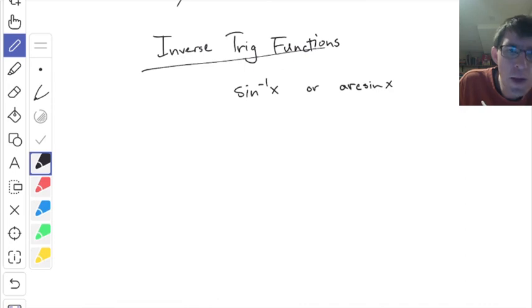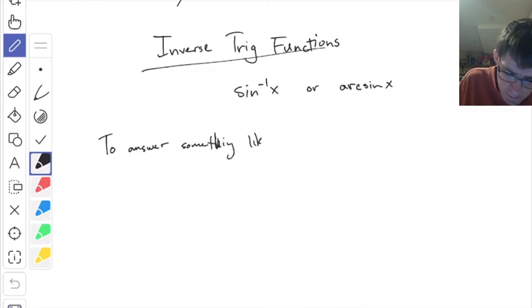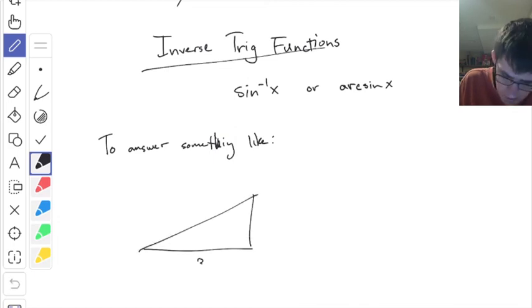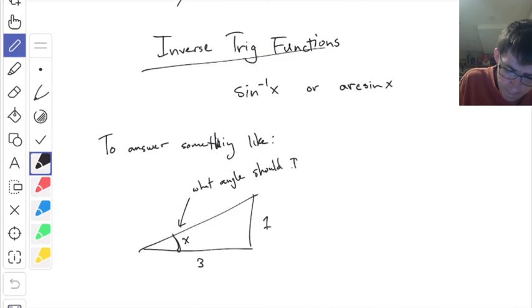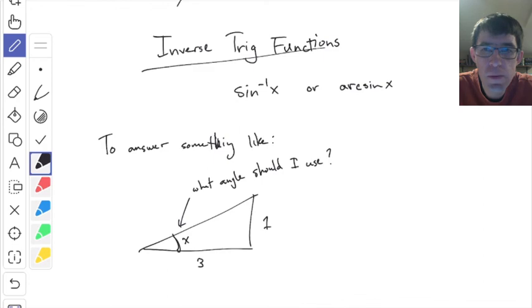The reason you would want an inverse of sine of x is in order to answer something like this: if I want to build a triangle which has a side on the bottom of 3 and the opposite side being 1, the question is, what angle should I use here to get a 3 on one side and a 1 on the other side?